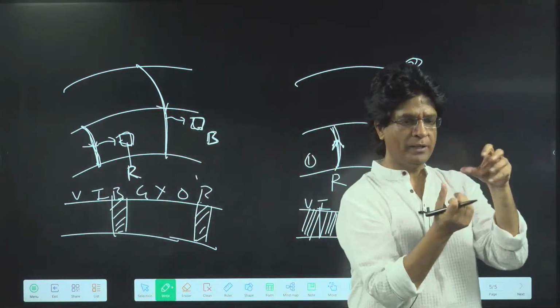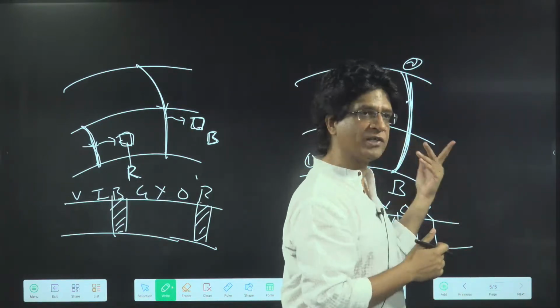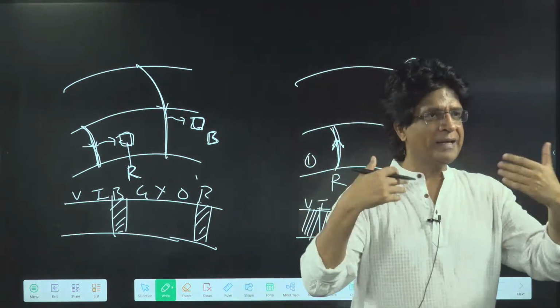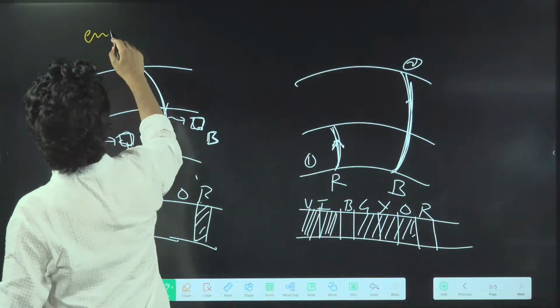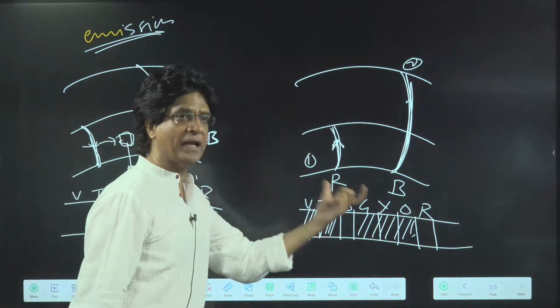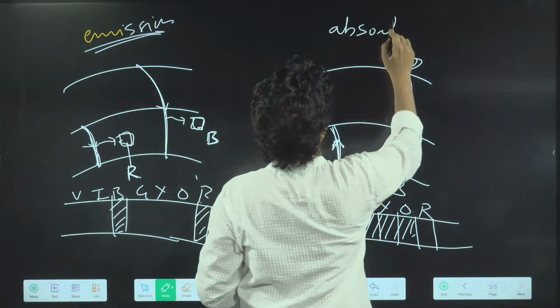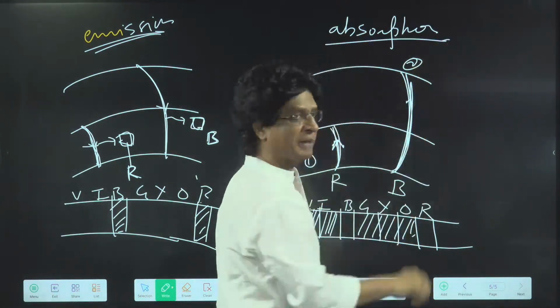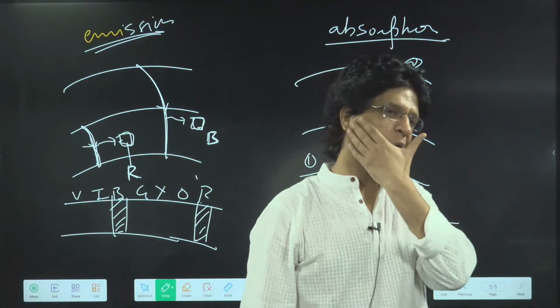Here you are absorbing red and blue light. So red and blue light will not reach the screen. Can I say the colors you will see in the emission spectrum are the colors which will be absent in the absorption spectrum? Yes or no?